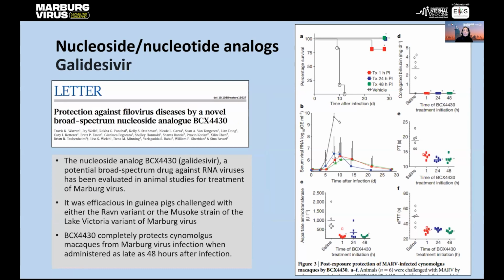It showed that it is efficacious in the pigs challenged with either Raven variant or Moscow strain of the Lake Victoria variant of Marburg virus. Galidesivir also completely protected the monkeys from Marburg virus infection when administered as late as 48 hours after infection. So this is another promising drug.